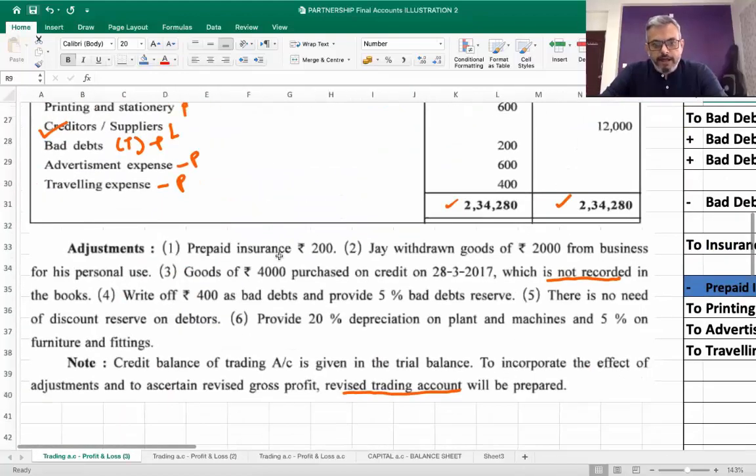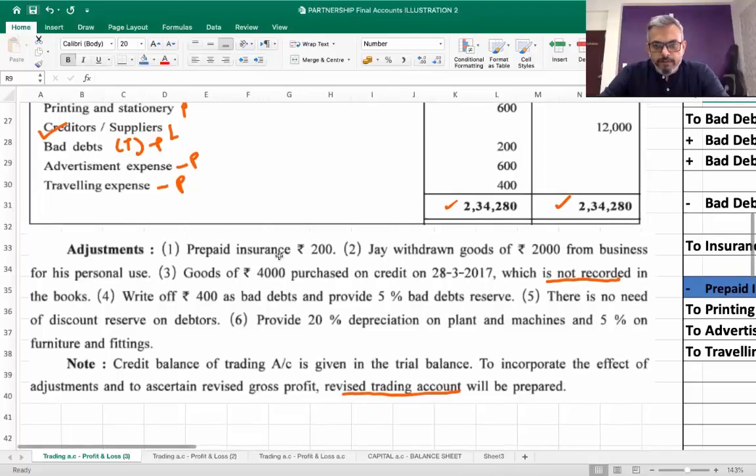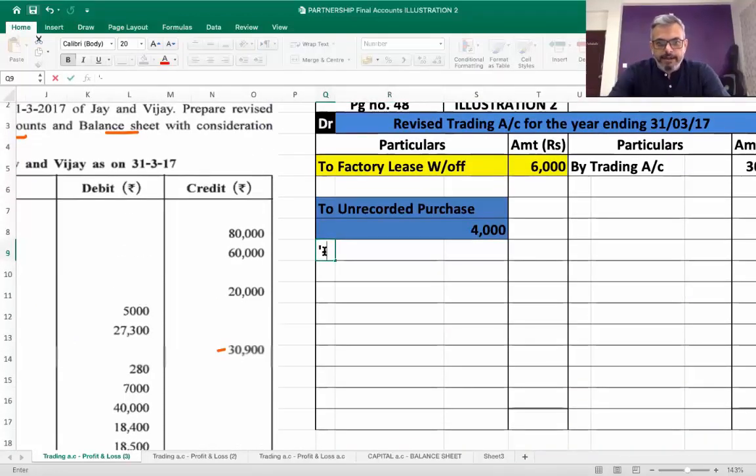Now goods are withdrawn. Jai withdrew goods of 2000 from business for his personal use. So we deduct it now from unrecorded purchases. Minus goods withdrawn 2000, outer column 4000 minus 2000, 2000. We underline this.